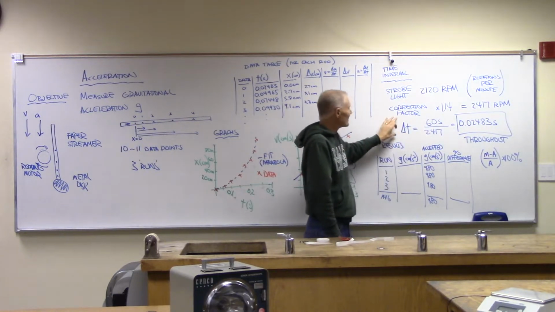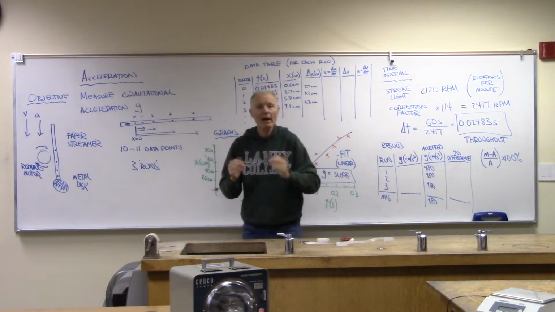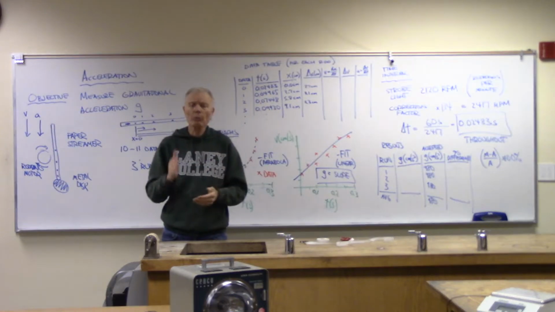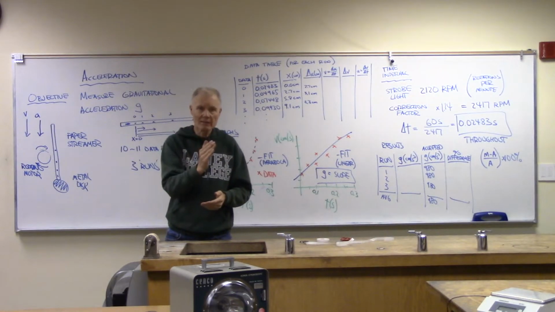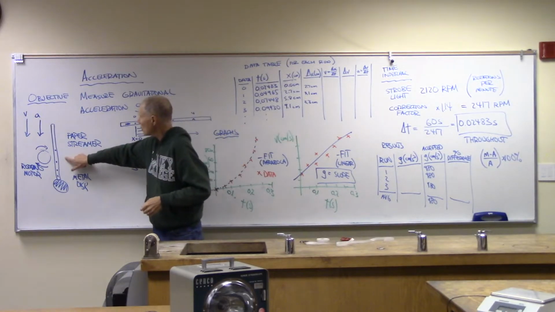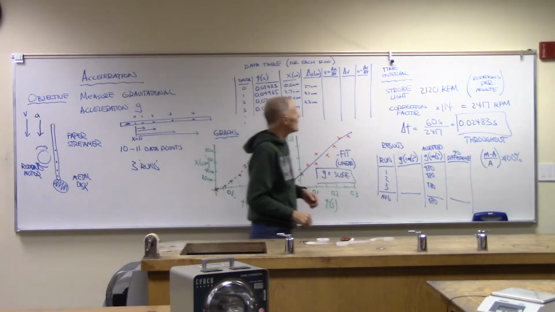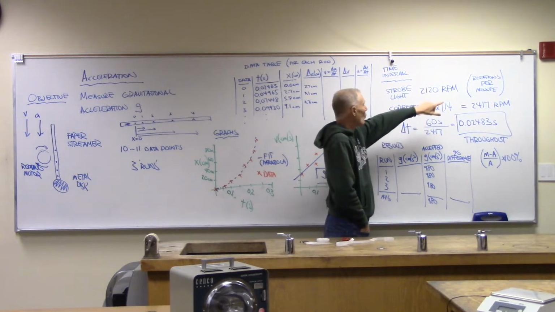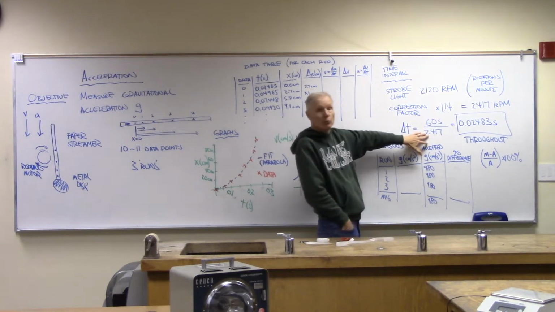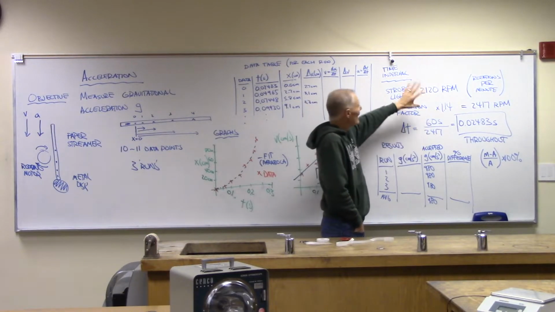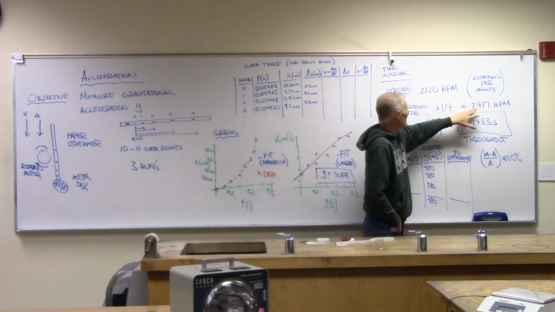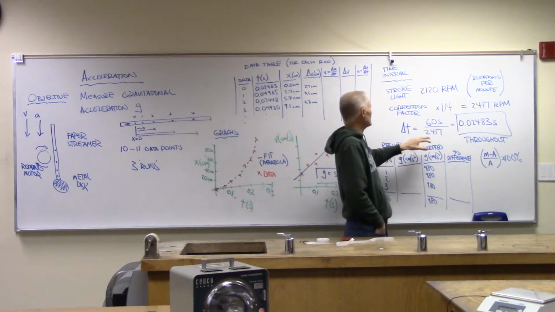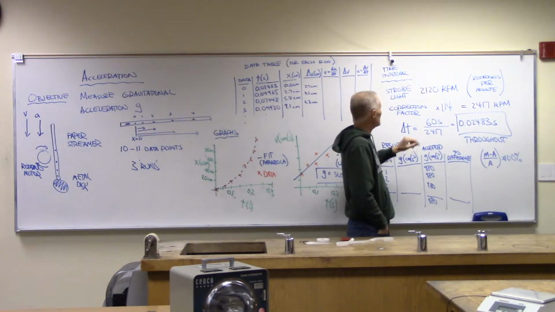Now, what that says is the interval between successive hits on the paper streamer, which is what we're after, is found by taking 60 seconds, that's 1 minute, and dividing by 2417. I left some other digits in there when I multiplied.